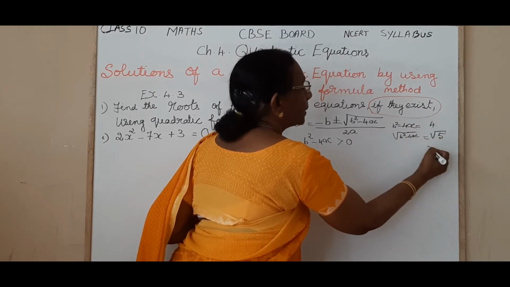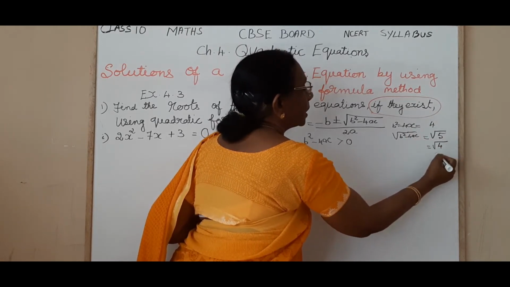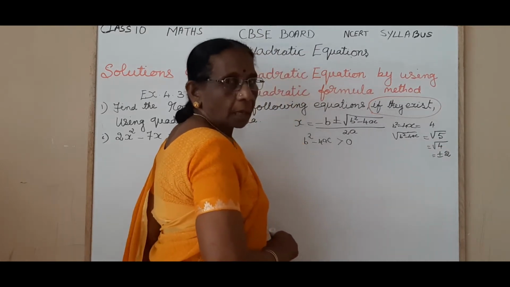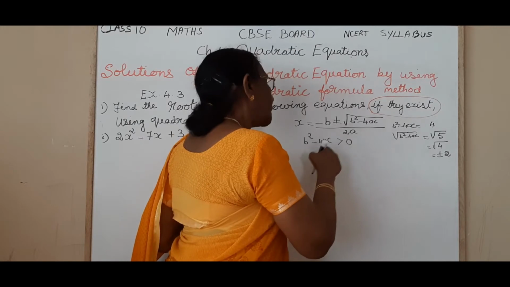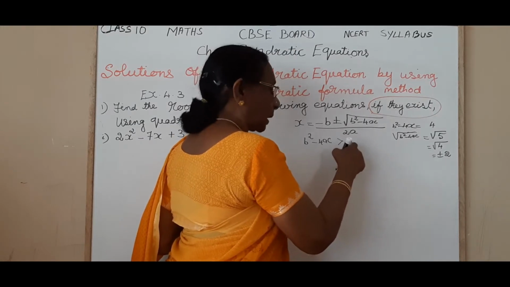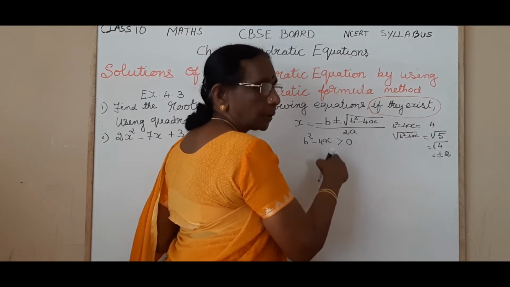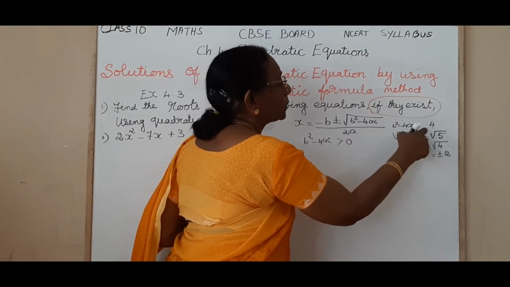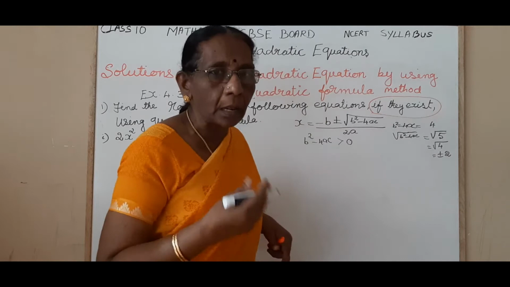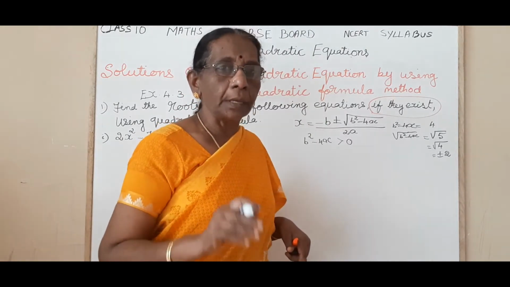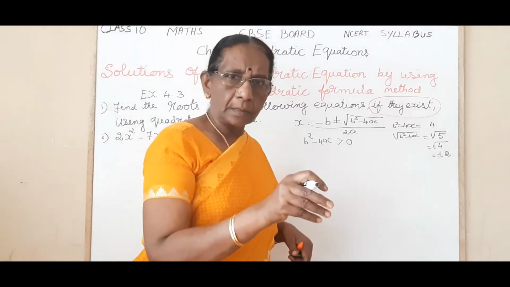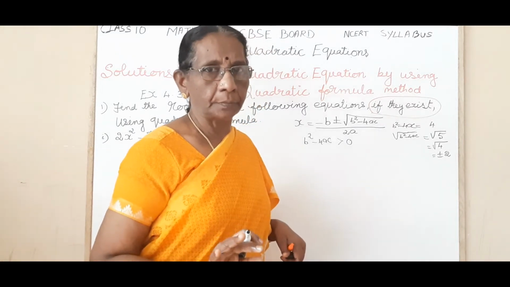You will get root of 4, that is equal to plus or minus 2. So when you get a value greater than 0, in other words a positive value, the roots will be real numbers. Real number means it may be a rational number or an irrational number.